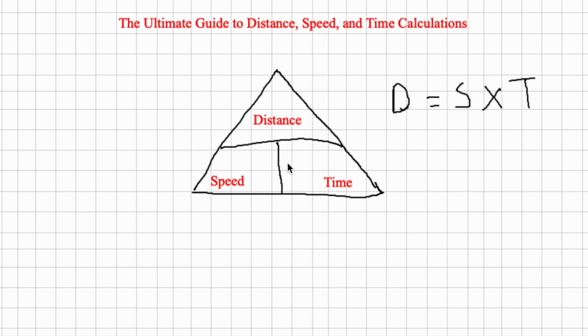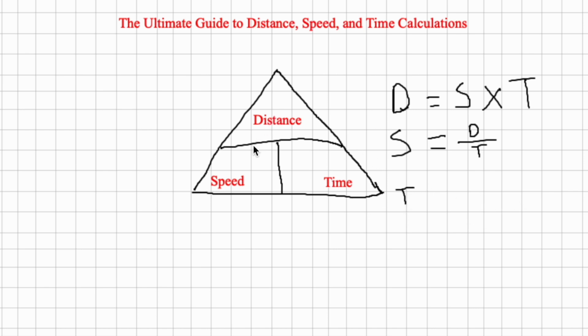Okay, and if you want to find speed, all you need to do is get distance and divide it by time. So s equals d over t.